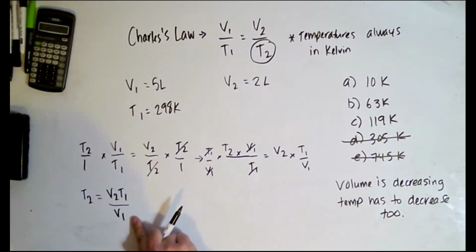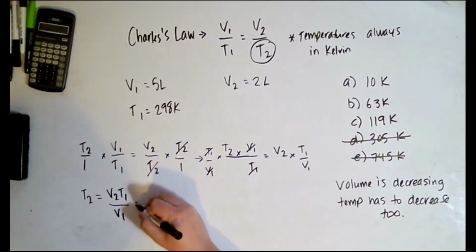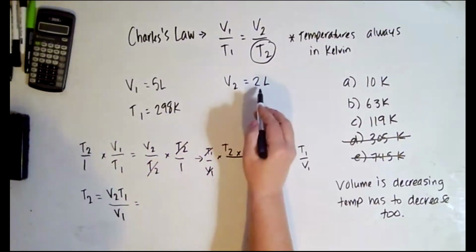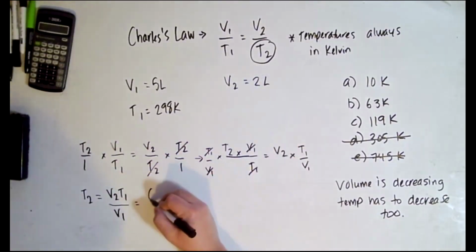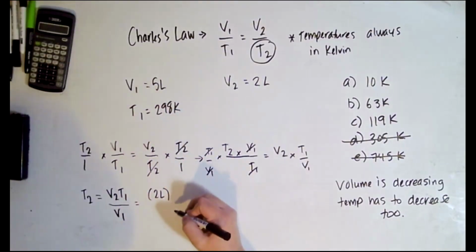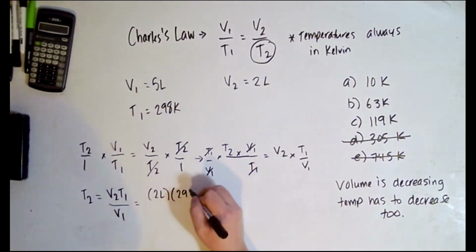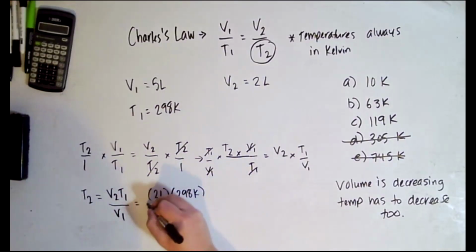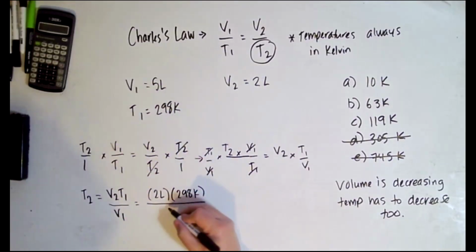Now that we have this version of our formula, we can plug in the numbers that we have. We're going to plug in 2 liters for our V2, 298 Kelvin for our T1, and then 5 liters for our V1.